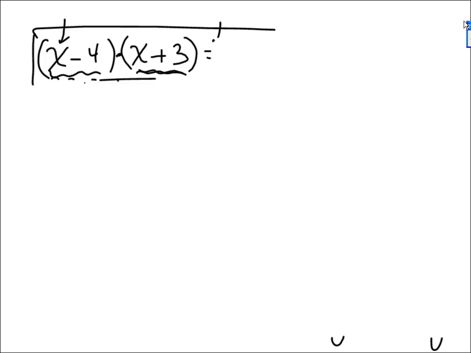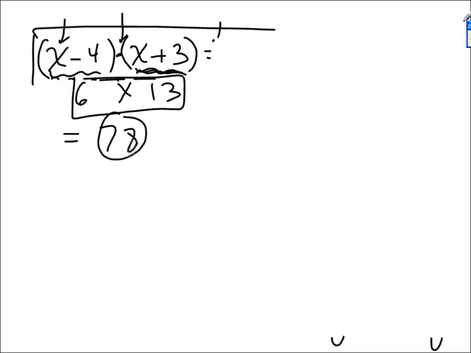They'll tell me the answer is 6 and 13. No, it's not. There's no "and" there. It's times. 10 minus 4 may be 6, and 10 plus 3 may be 13. But we're multiplying. What you should be telling me is 78, or 6 times 13.